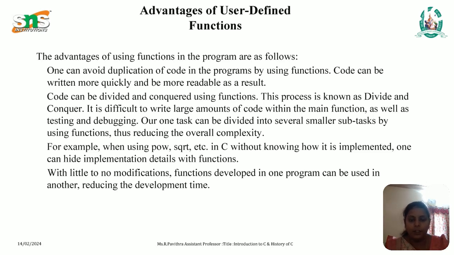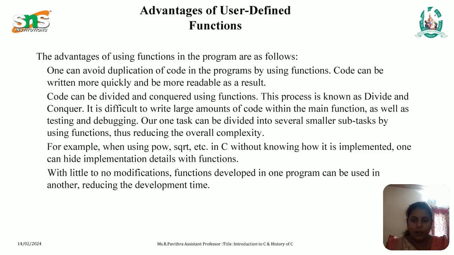It is difficult to write large amounts of code within the main function, as well as testing and debugging. One large task can be divided into several smaller subtasks by using functions, thus reducing the overall complexity.